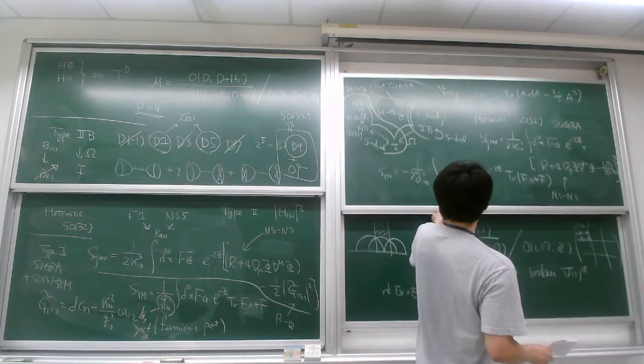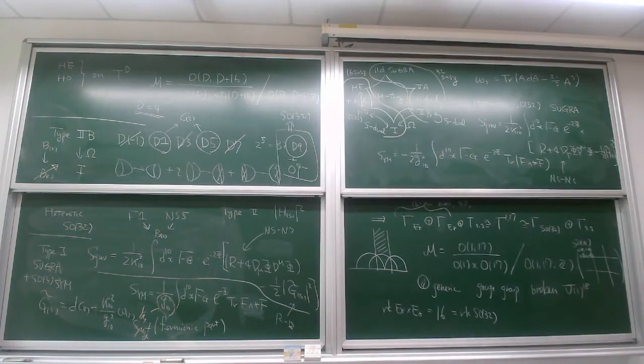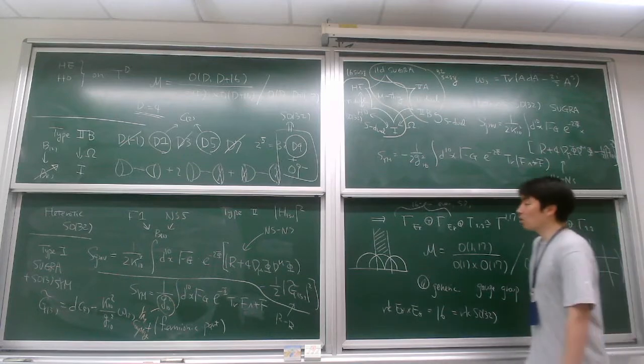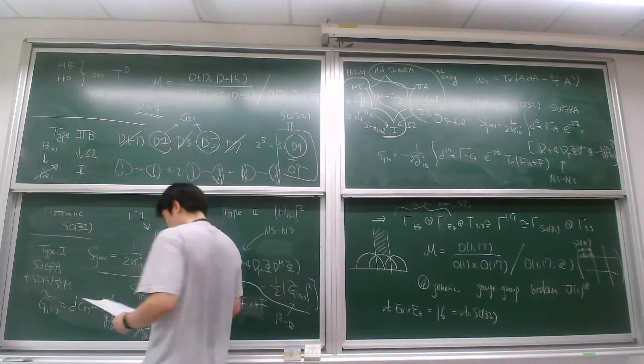So this is the heterotic SO(32) supergravity action.